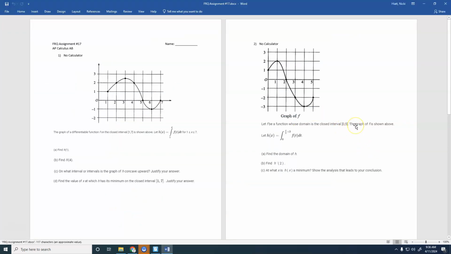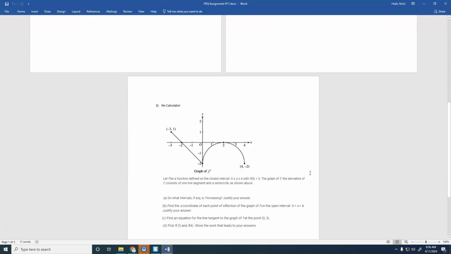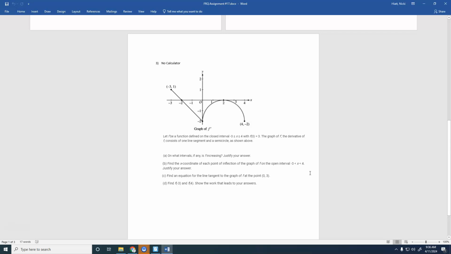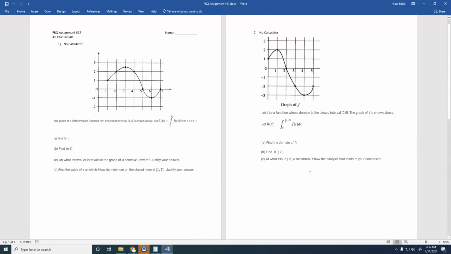Really, I would probably not do 1. I think it's the easiest of them. I would pick 2 or 3. I think 1 is easier than the others.